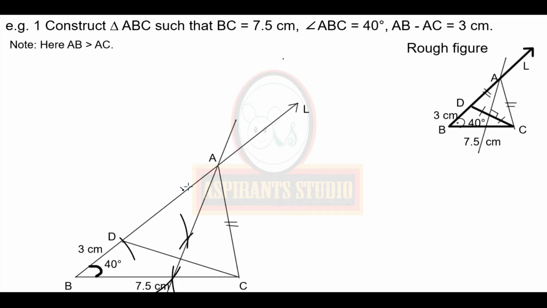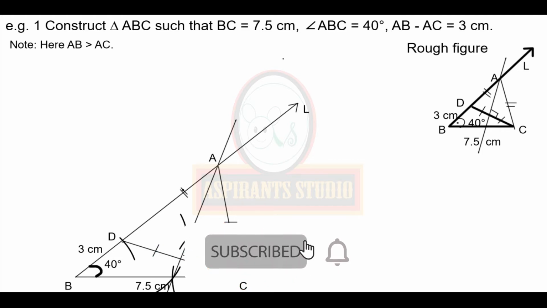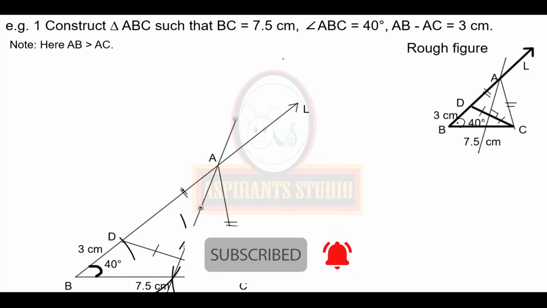Now show all the congruent markings on the figure. When you draw the perpendicular bisector, you have to show the congruent markings and the right angle on the figure.